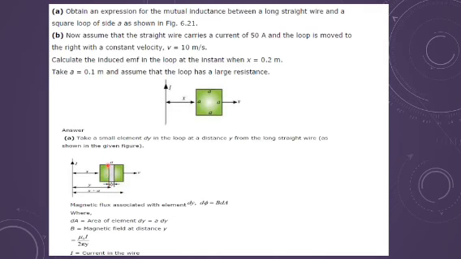Now, the magnetic field due to the straight conductor, you can use that formula directly. Magnetic field at a distance y because of a straight conductor is given by mu naught I upon 2 pi y. So this magnetic field is known. Area dA we have calculated, so you can find the value of d phi.